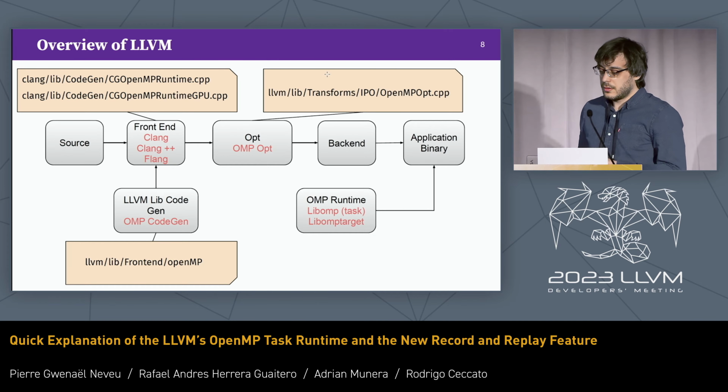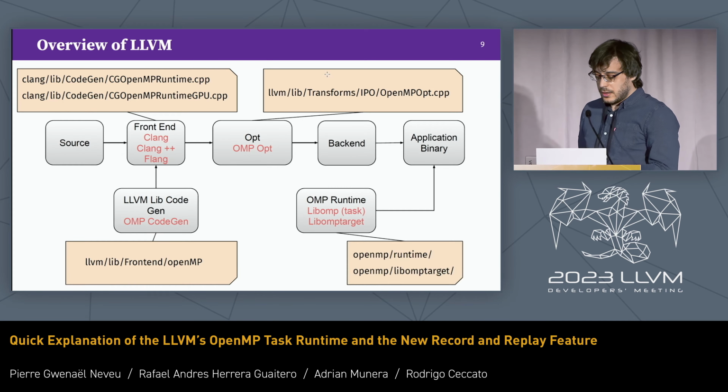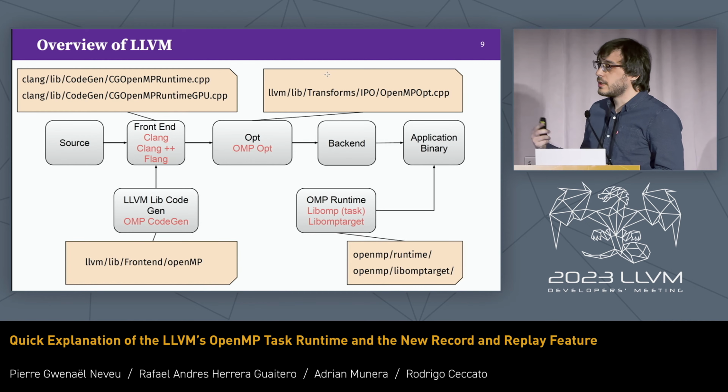Then we've got the optimizations that we can find in the Transforms. It can be useful to point out that for these optimizations, not a lot concern the task. The task part is mainly for the classical OpenMP. And then the two different runtimes are in the OpenMP runtime for libomp and the OpenMP libomptarget for the offloading part.